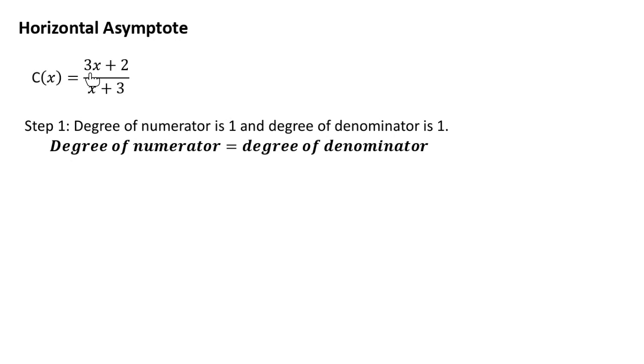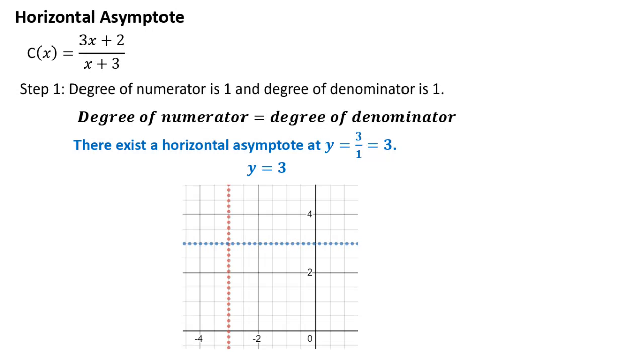Okay, so here for the horizontal asymptote, we have (3x plus 2) divided by (x plus 3). So the degree of the numerator is 1 because the exponent for x is 1. And the degree of the denominator is 1 since the exponent for x is 1. So the degree of the numerator is equal to the degree of the denominator. So to get your asymptote, we take the leading coefficient.